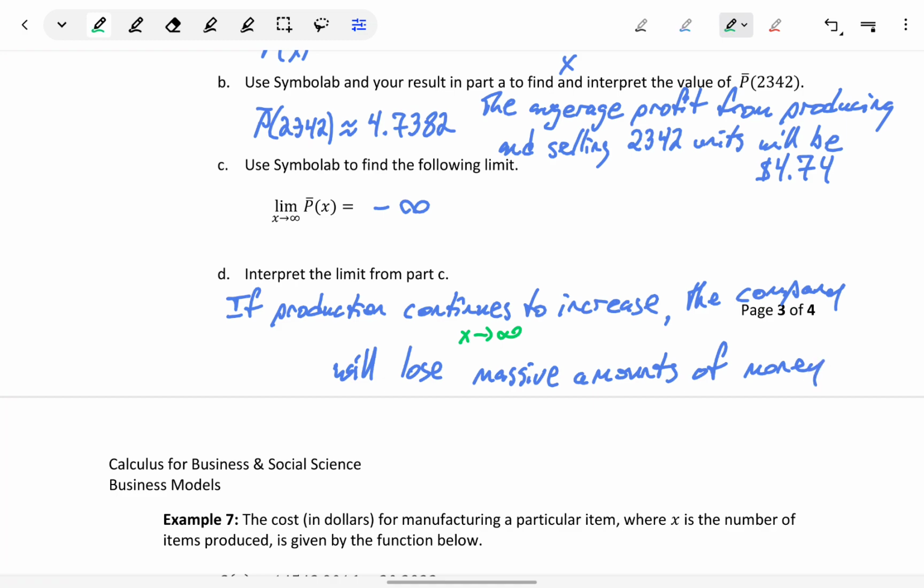And that's indicated by the idea of P bar approaching negative infinity. So the average profit per item as production continues to increase is getting smaller and smaller and smaller. We're just losing more and more money.